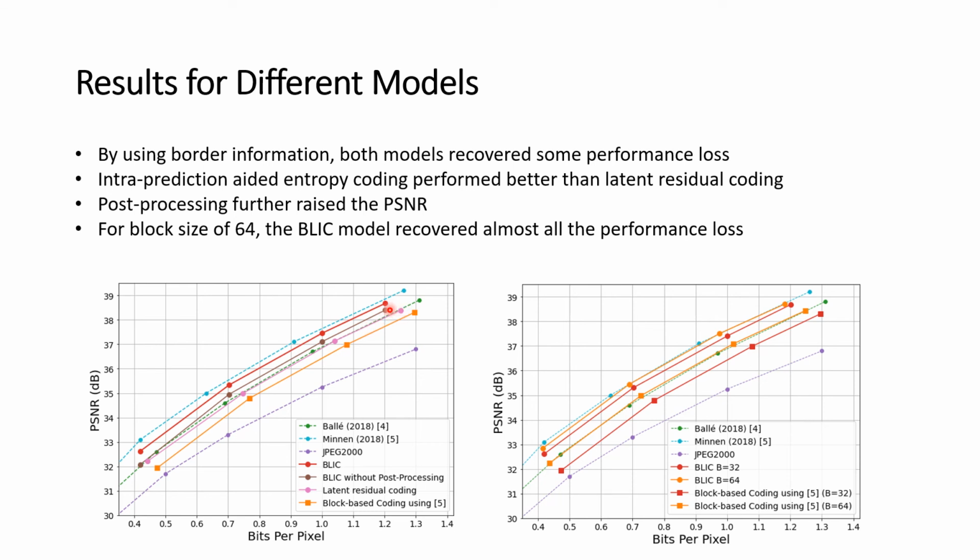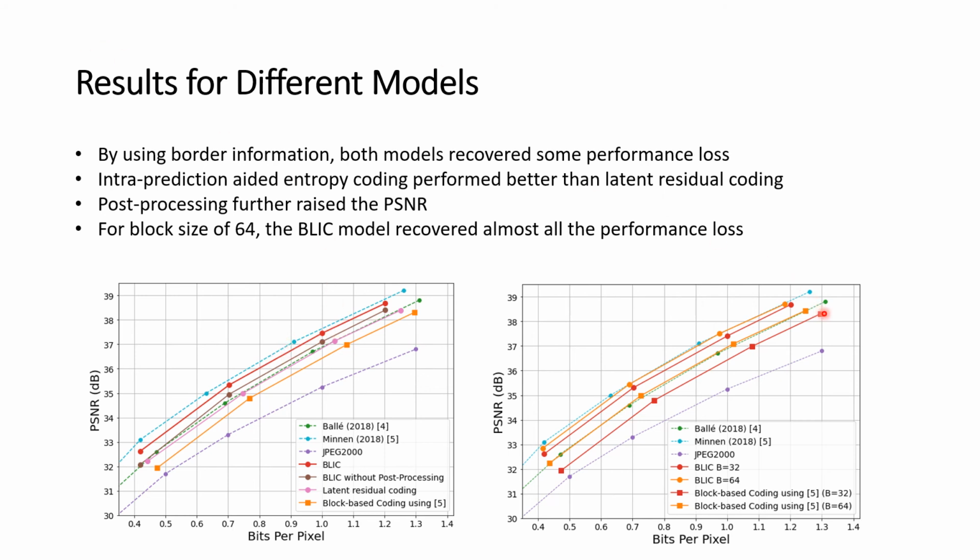By using border prediction to predict both the mean and variance, the BLIC model performed better than coding the residual. And by using post-processing, we further increase the PSNR as shown in the red curve.